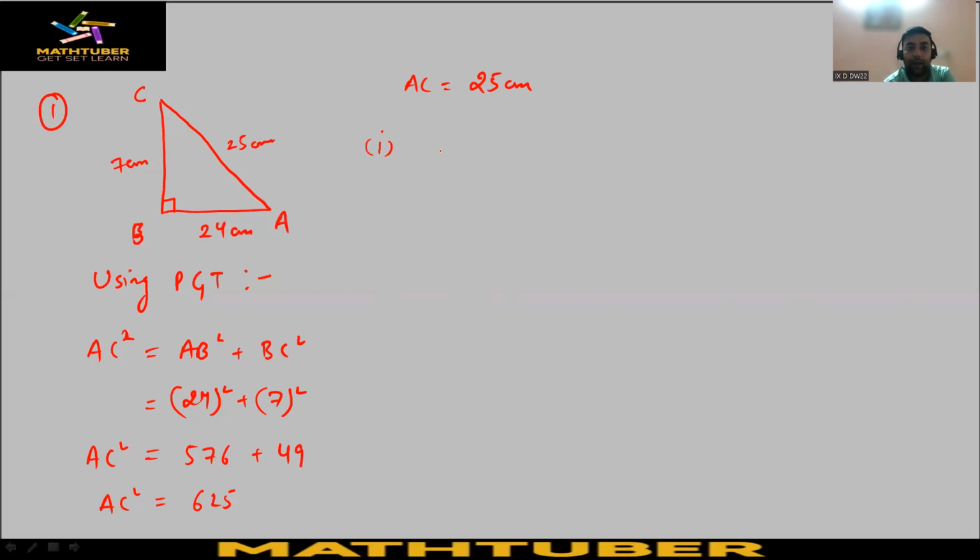Now in the first part, we have to find out the value of sine A and cos A. According to the angle A, perpendicular becomes 7 centimeter and base becomes 24 centimeter. So sine A will be perpendicular upon hypotenuse, that is 7 upon 25. And cos A is base upon hypotenuse, which is 24 upon 25.